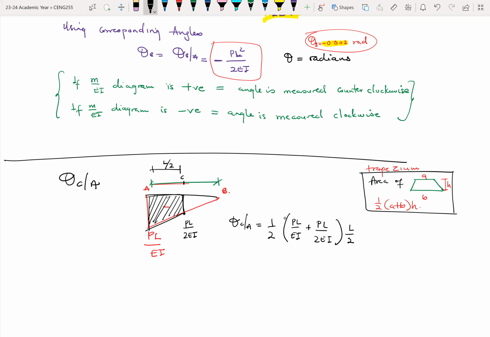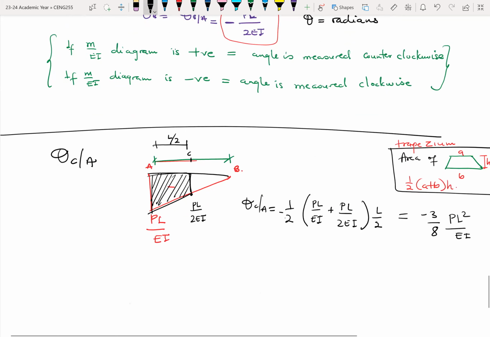And again, all of this is already negative because the moment is negative. So if you do that, you should end up with minus 3 over 8 PL squared over EI, if you do this computation.